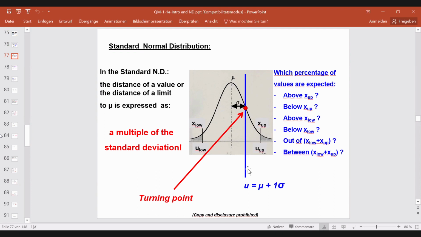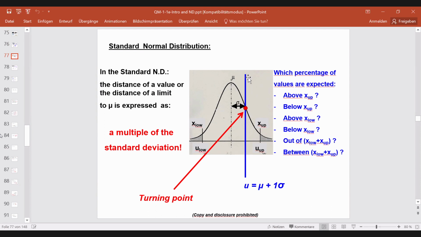But let's stay here in this example. If the u is mu plus 1 sigma, then you can calculate which is the percentage of values expected above a threshold x up, below x up, above the threshold x low, below x low, out of the x low and up area, and between this area.